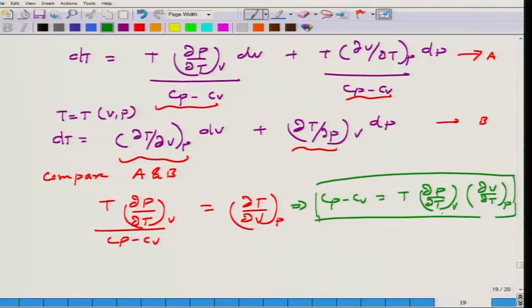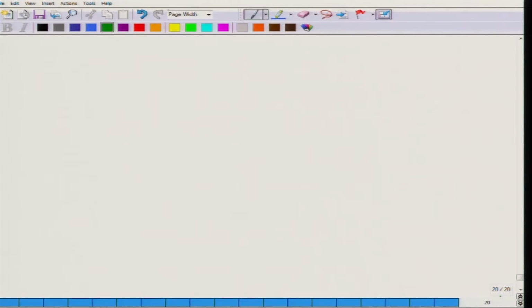Now here, in order to make use of the coefficient of thermal expansion and isothermal compressibility, I would have to use the cyclic relation. So let me make use of the cyclic relation now: (del P by del T) at V is minus of (del P by del V)_T times (del V by del T)_P.